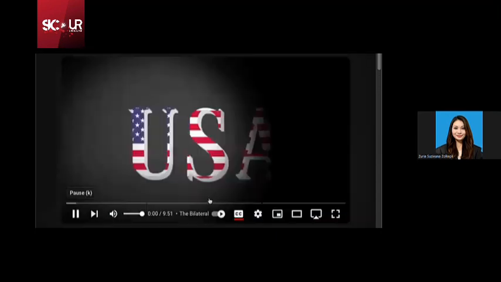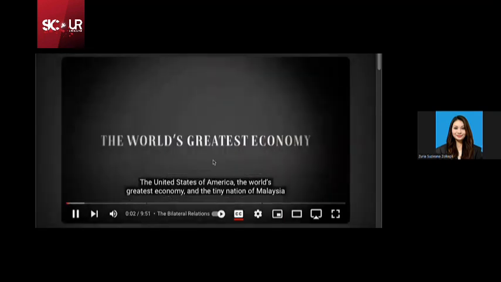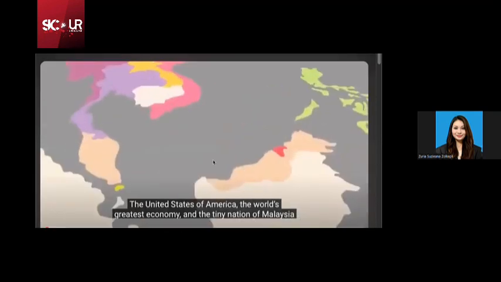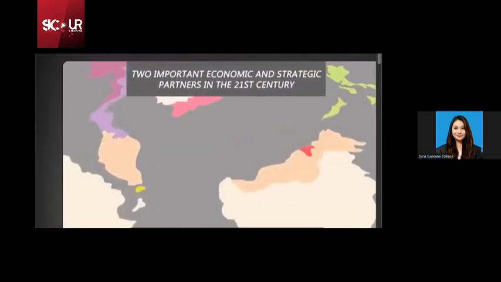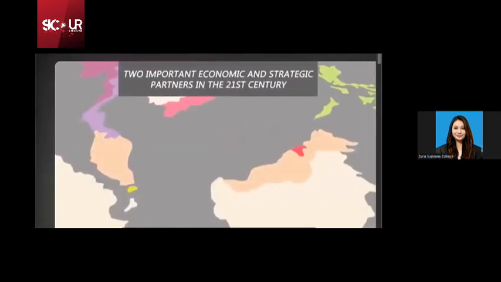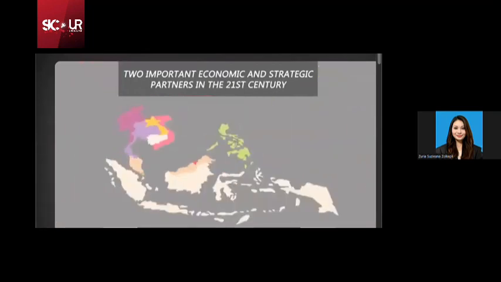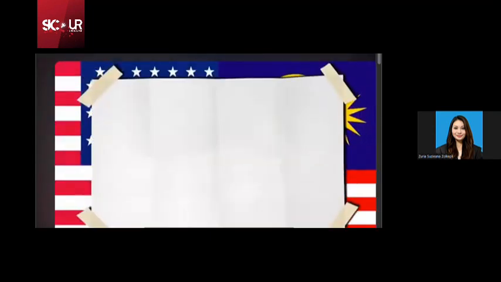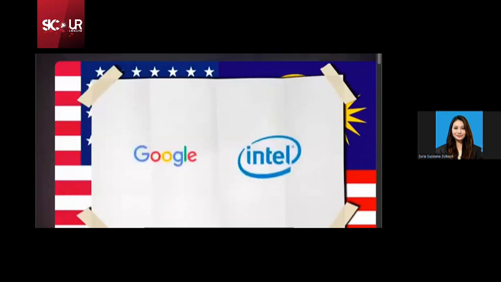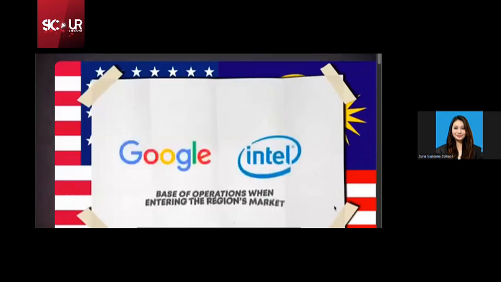The United States of America, the world's greatest economy, and the tiny nation of Malaysia have become two important economic and strategic partners in the 21st century. The two nations' relationship plays a critical role in enabling the region of Southeast Asia to grow. This is led by both the bilateral trade the two nations share and how some United States-based companies often see Malaysia as their base of operations when entering the region's market.